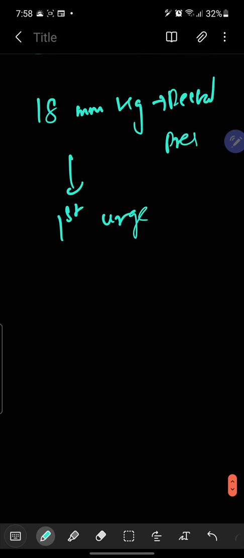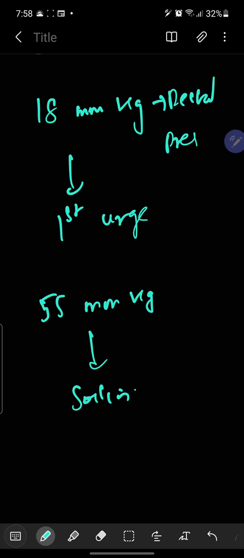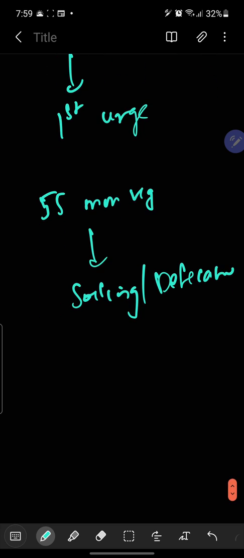When it is 55 millimeter of mercury, it results in defecation, that means relaxation of both external and internal sphincters.